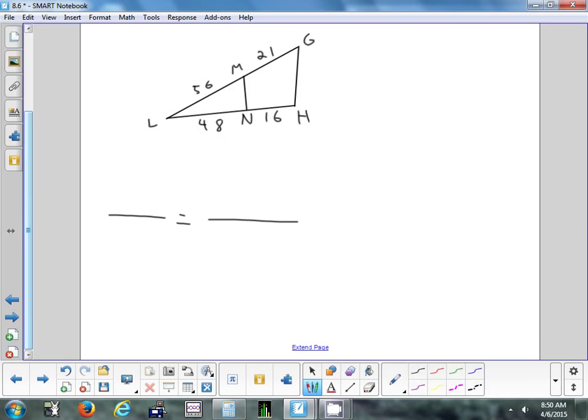Okay, as we saw in the last problem, many ways to set up your proportion. Let's try to do it. We pick one segment and continue on with that. Pick another segment and continue on with that one. So Olivia, what could I put on my left-hand side?